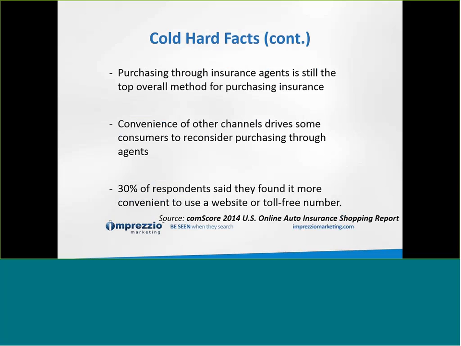So it's important for agents to realize that as people are shopping for insurance, it is possible that they end up at the Geico's and the Progressives because of the ease of use of these other channels.